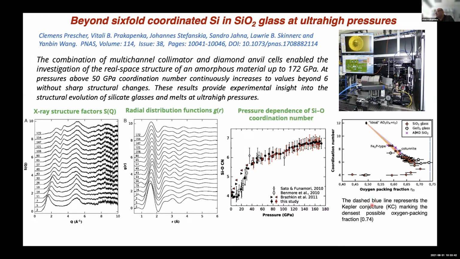You can see it's pretty reasonable in terms of oxygen packing fraction. For the ideal pyrite type that is predicted for SiO2, the coordination should be around 8.